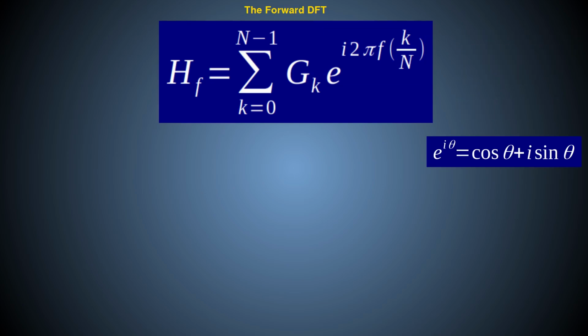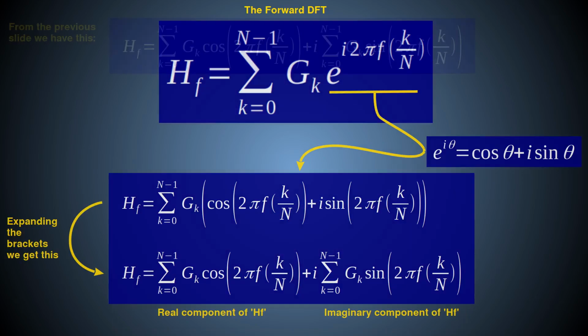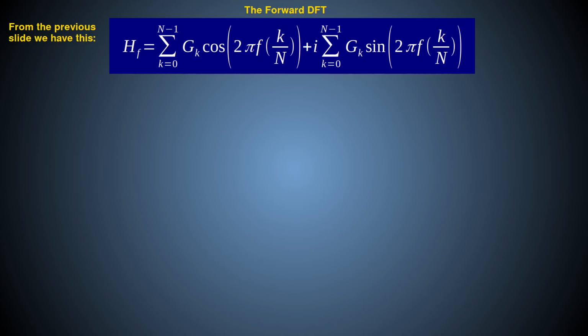If we rewrite the forward Fourier equation by substituting the complex exponential part with its sine and cosine form via Euler, we get these equations, which make it a lot clearer to non-maths experts what calculations are actually being represented here.